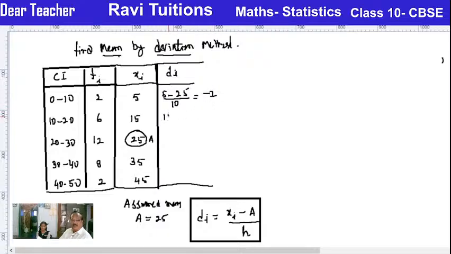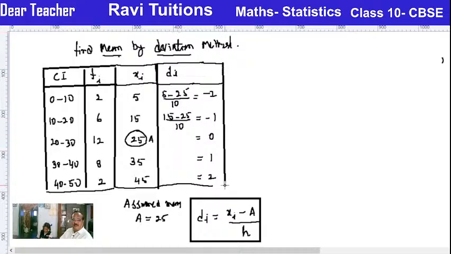Similarly, 15 minus 25 by 10 will give minus 1. So this will be 0, this will be 1 and this will be 2. That means if you do this formula, you will be getting 1, 2, 3s only. This is how deviation comes.